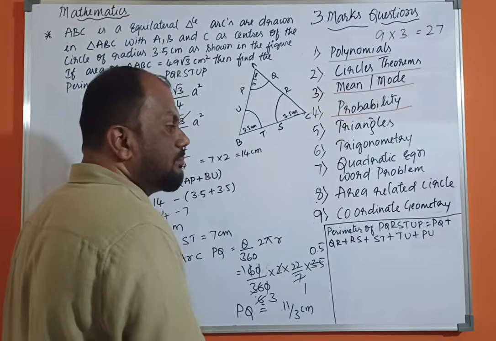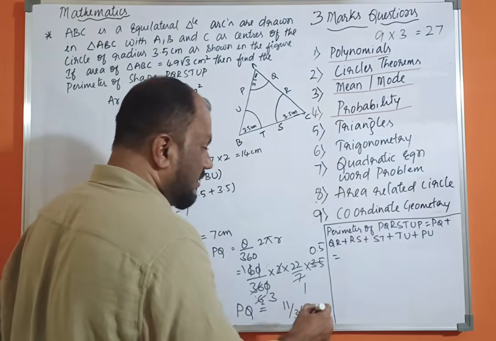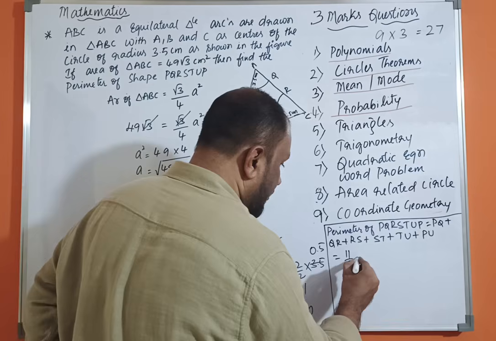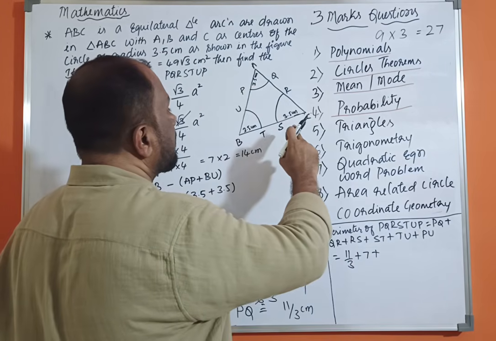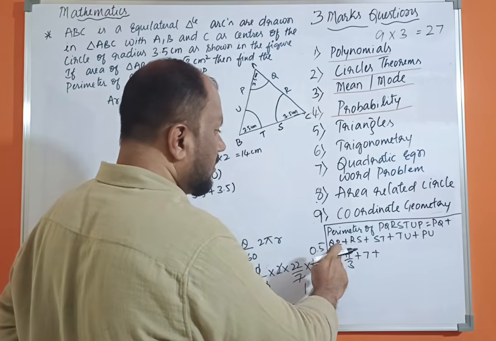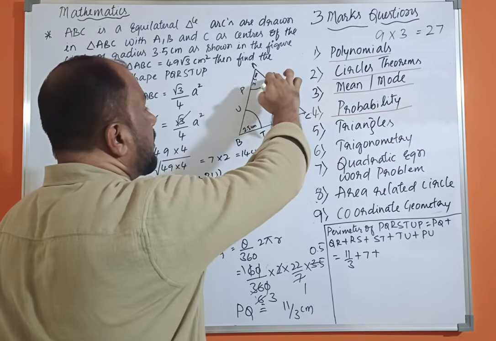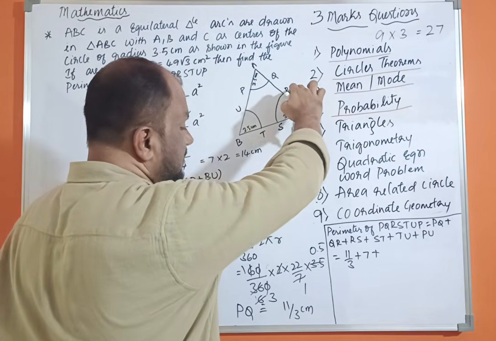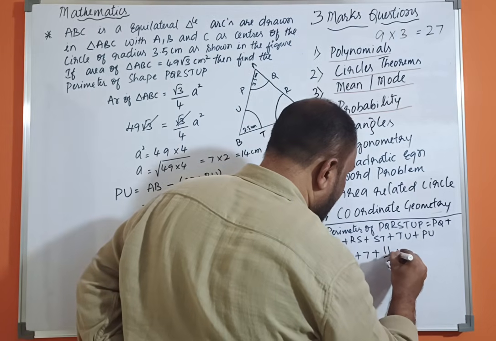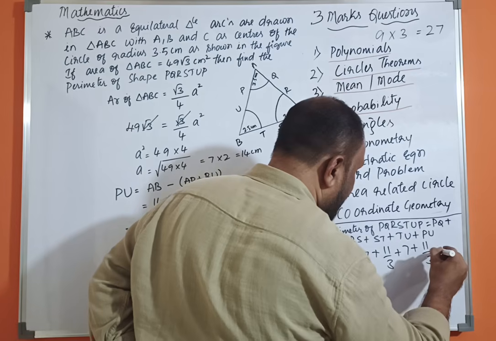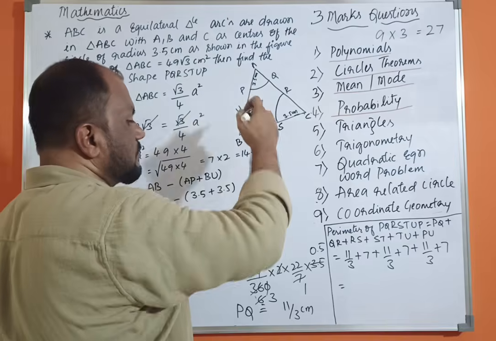This is the perimeter of PQRSTUP. PQ is 11 by 3, QR is 7, then RS is again 11 by 3, then again plus 7, plus 11 by 3, plus 7. Because all the arcs are equal and all the sides are also equal.